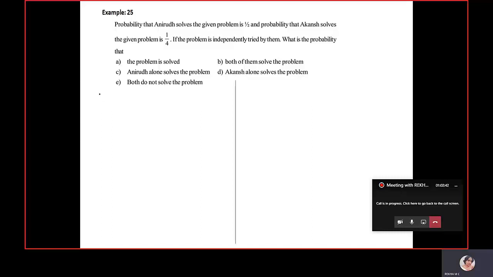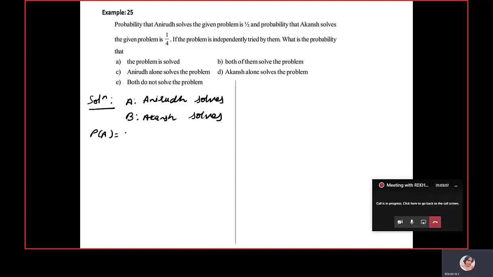So here the solution. A is Anirudh solves the problem. B is Akansh solves the problem.